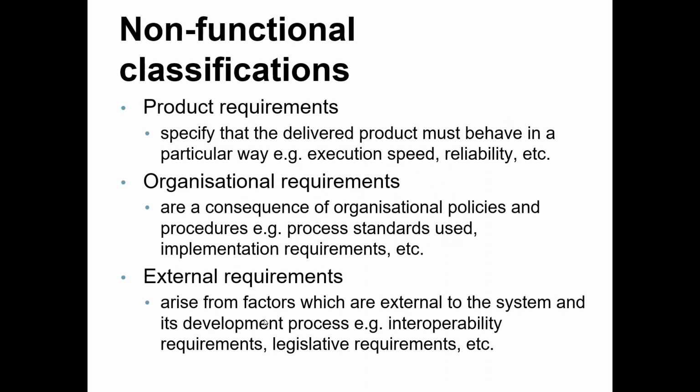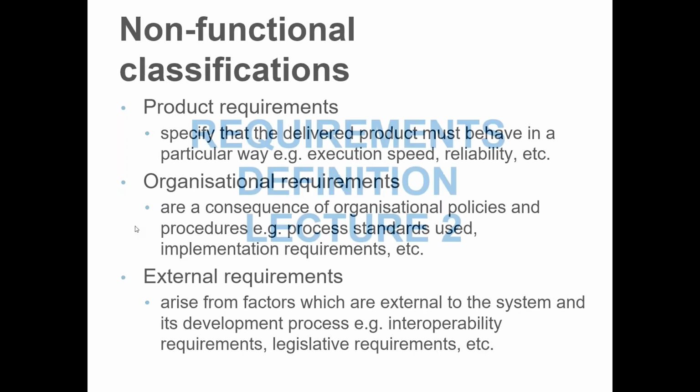This would have been in the slides that we looked at last week: non-functional requirements, and the classifications that include product requirements, organizational requirements, and external requirements. In your requirements document, first of all, there are two sets of requirements: functional requirements and non-functional requirements.